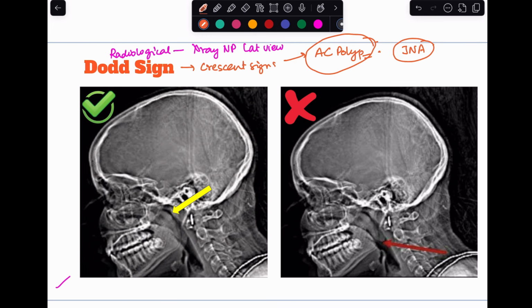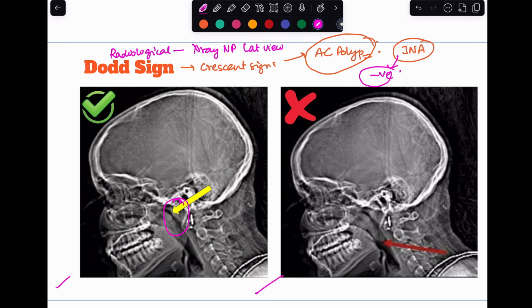Now, in antrochoanal polyp, we saw that there is the positive Dodd sign, whereas in JNA, we see a negative Dodd sign because the JNA actually arises from the posterior nasopharyngeal wall. And what it does is, because it's arising in the posterior nasopharyngeal wall, it's filling up the airspace completely, and so we do not see any airspace left behind. So the Dodd sign can be used to differentiate between a case of nasopharyngeal angiofibroma and an antrochoanal polyp.